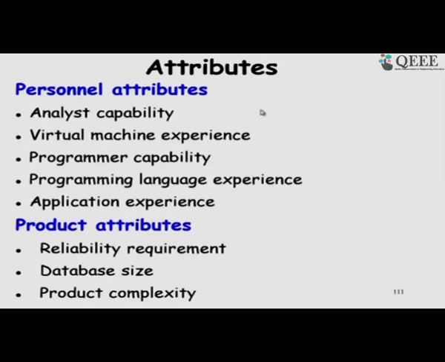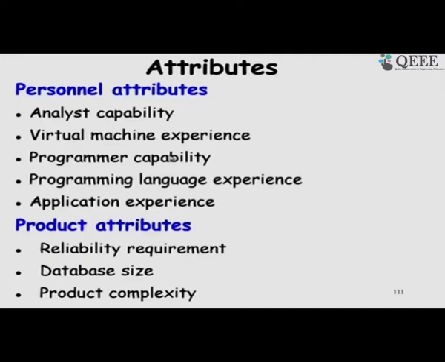It considers attributes of personnel, like capability and virtual machine experience. That means how familiar they are with the setup, the kind of hardware that is being used and so on.